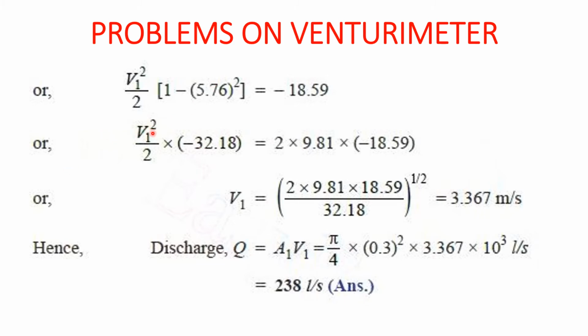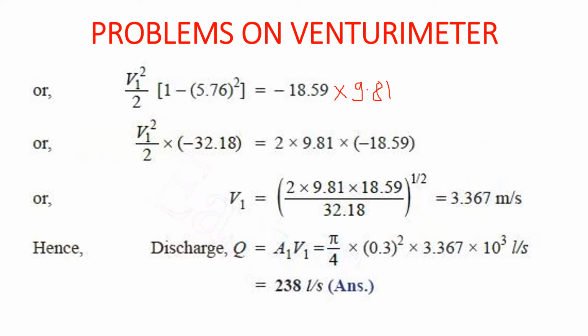So here you can see this v1 square by 2 into minus 32.18, which is here. Now see, I will write here first, that here it is into 9.81. This is the g value which we have not taken, which will be here.